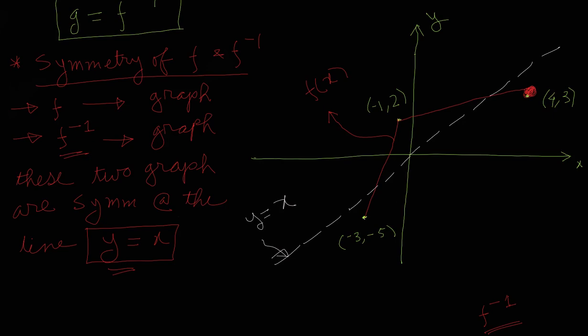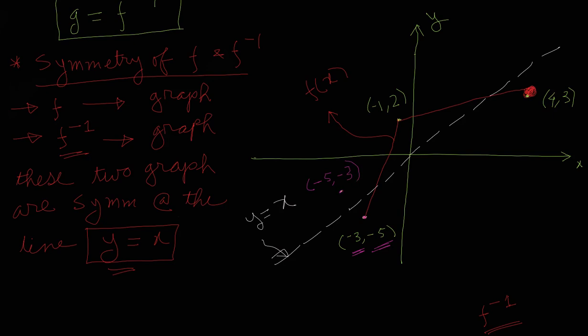So what you do is, take this point, what is x? X is -3, y is -5. Now flip it. For the mirror image, x will be -5 and y will be -3. So the coordinates actually switch.